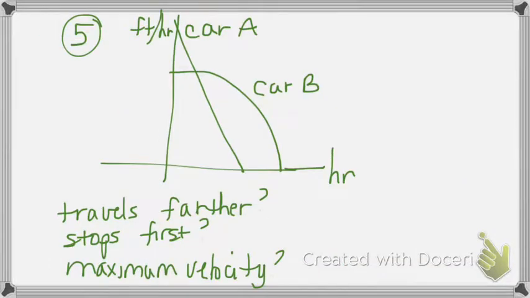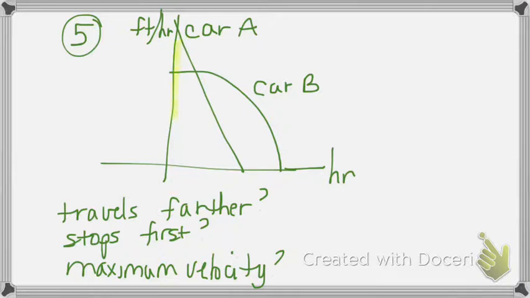All right, lastly, just a different kind of problem to talk to you about. There's 2 cars. We have car A, which is the constant graph, that line, and car B, which is that curve. And so the first question says, which one of these cars traveled farther? Well, that's talking about distance.